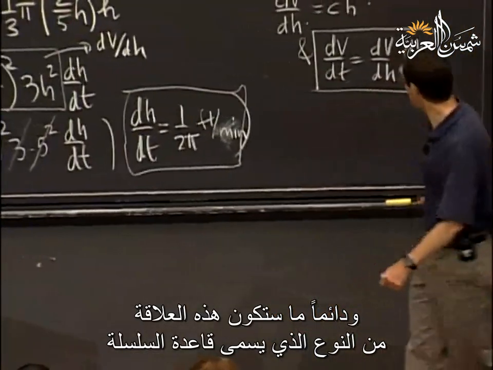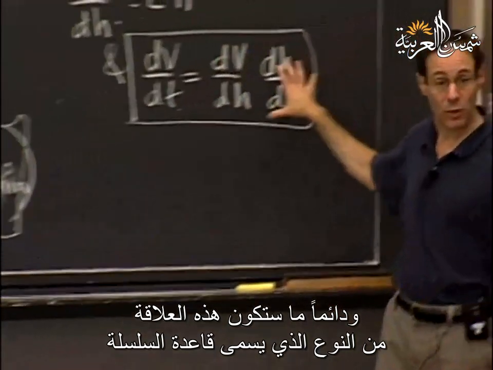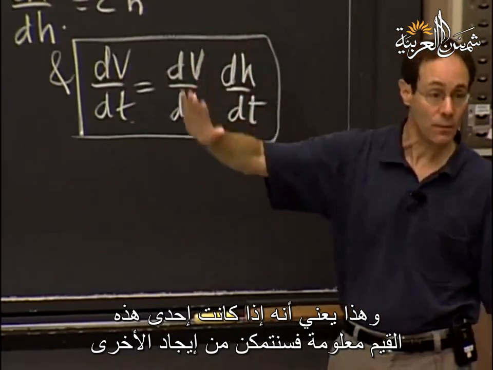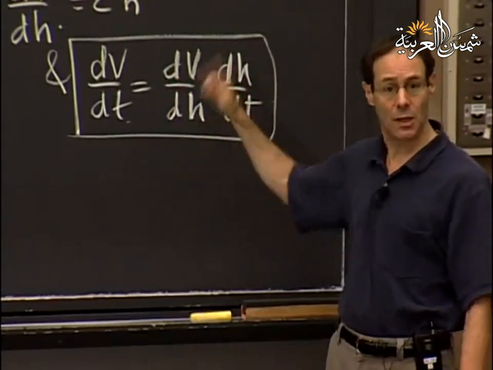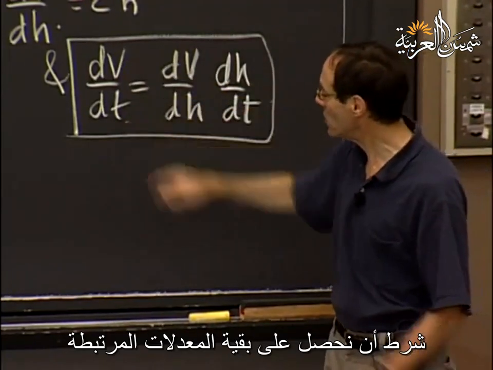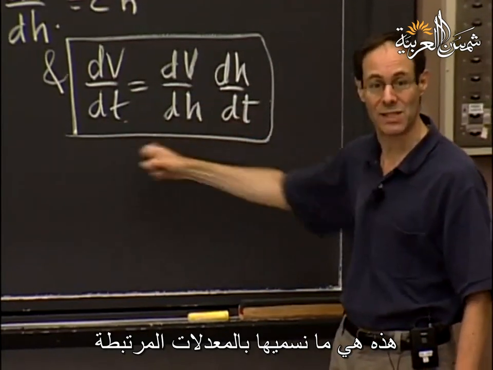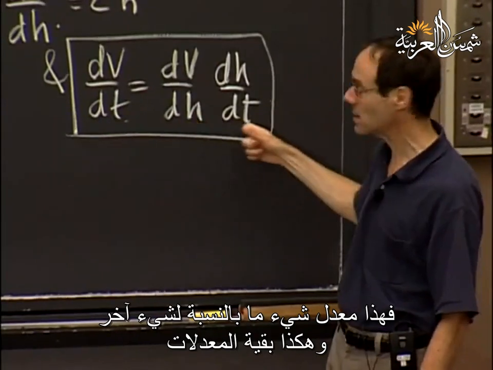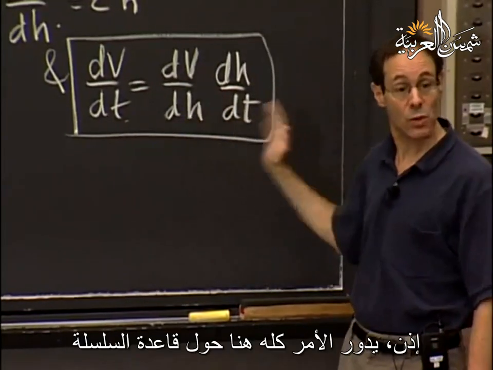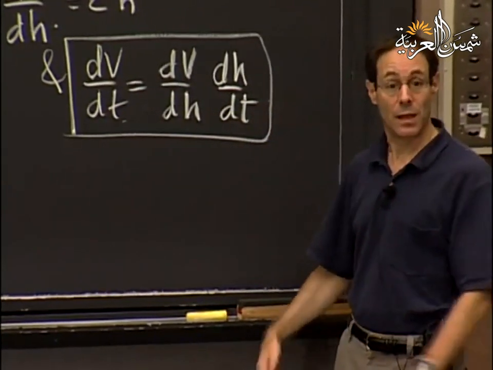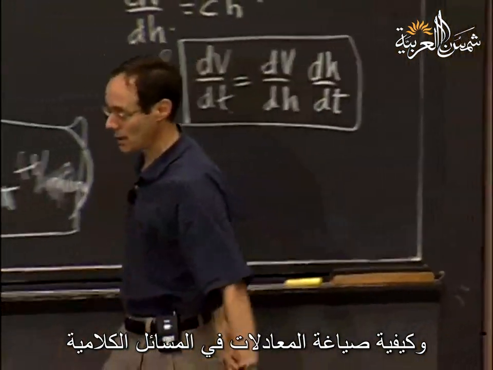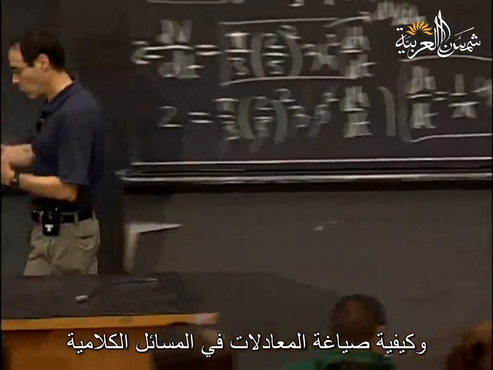And the relationship will always be a chain rule type of relationship. So if you know one, you'll be able to figure out the other, provided you get all of the related rates. These are what are called related rates. This is a rate of something with respect to something, et cetera. So it's really all about the chain rule and just fitting it to word problems.